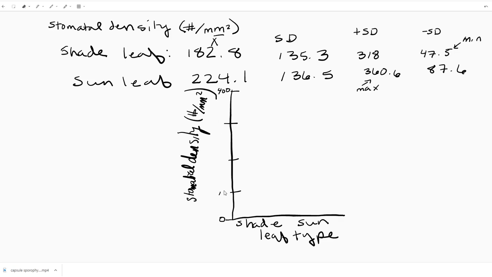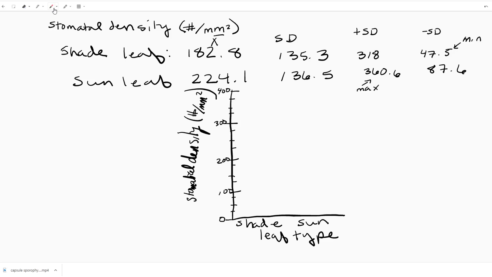So I might have some hash marks like this where I go 100, 200, 300, 400, and then this would be at the 50 marks, and then at the 25. Okay, so I've got my ticks on my y-axis.